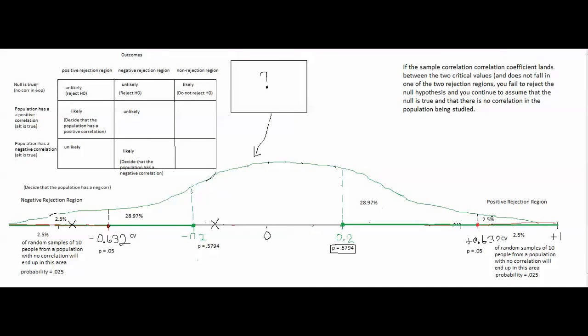These other two possibilities would be unlikely to give us a sample out here, which is why we reject this and reject this.